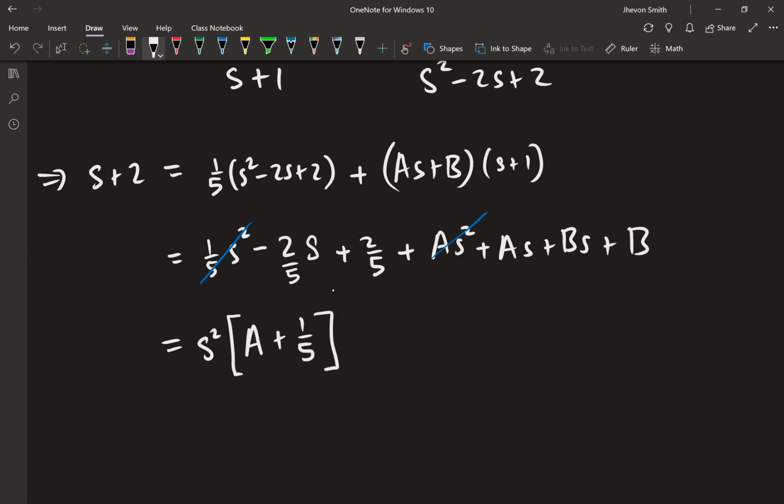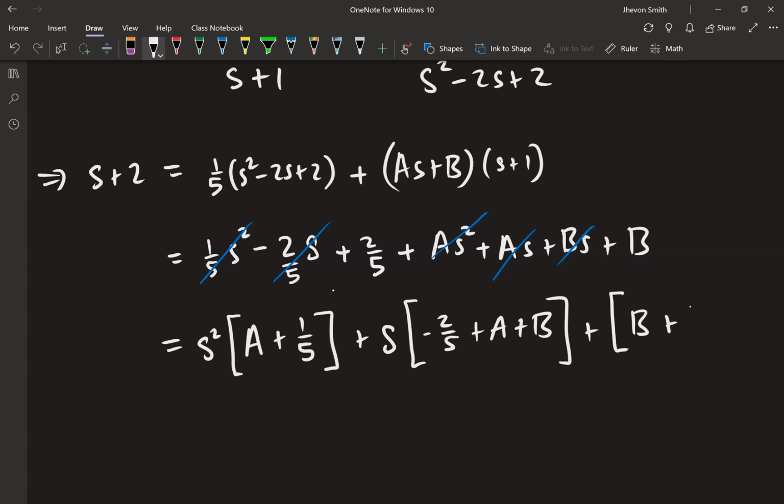Plus group all the s's, I would have minus 2/5 s, as plus bs. Plus all the terms without s's. So that's just b plus 2/5.